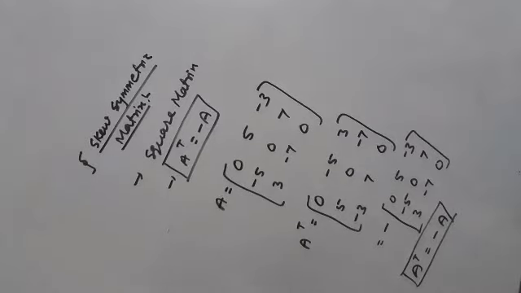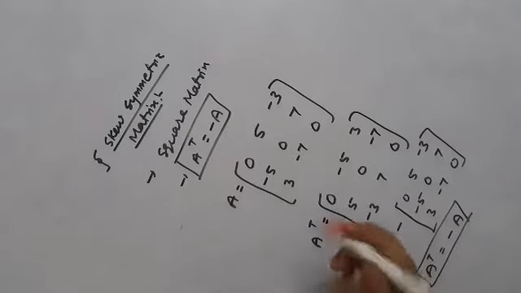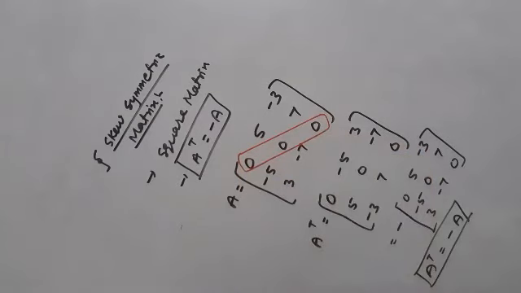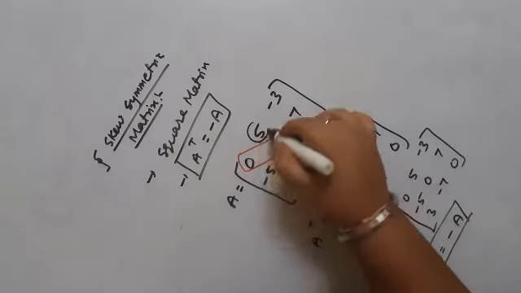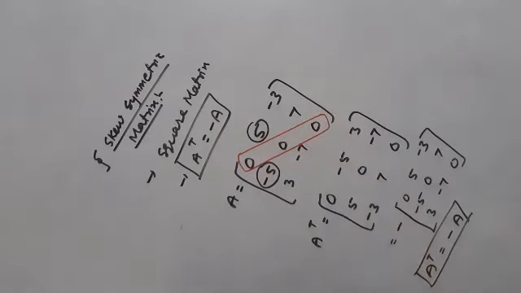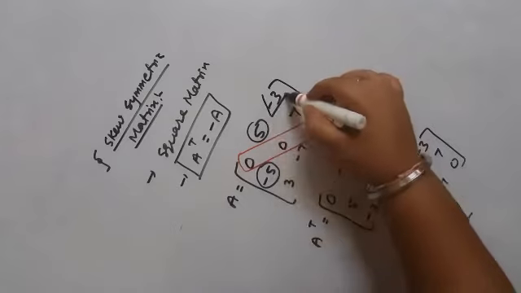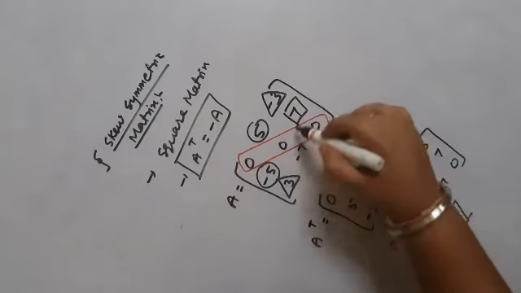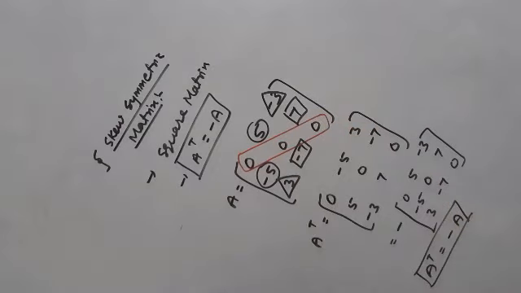Now again look at the matrix. What can we conclude? All the leading diagonal elements are 0, and a12 is minus of a21, a13 is minus of a31, and a23 is minus of a32. It means aij equals minus aji.